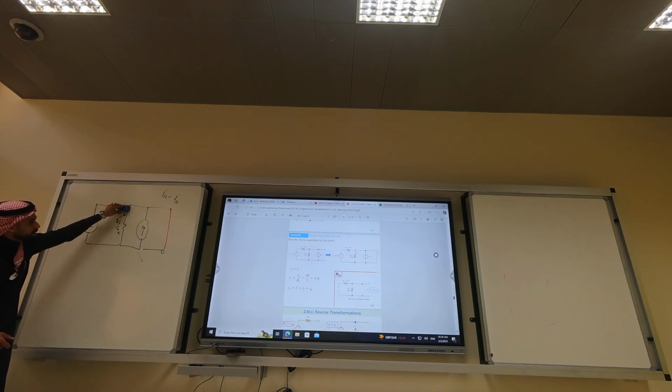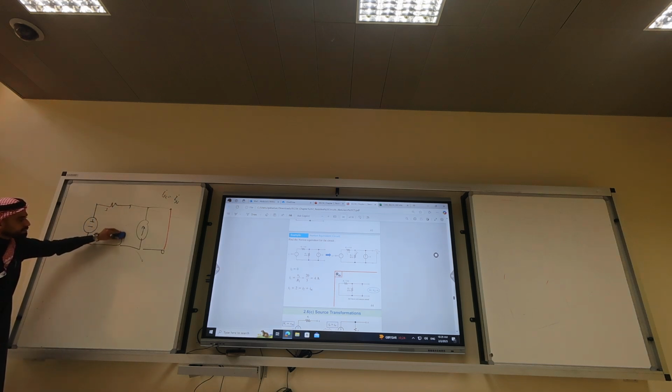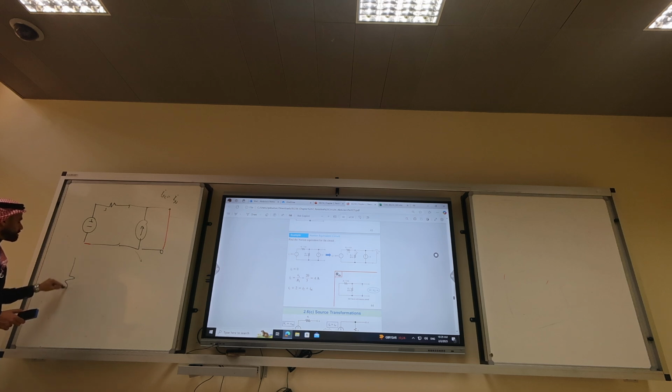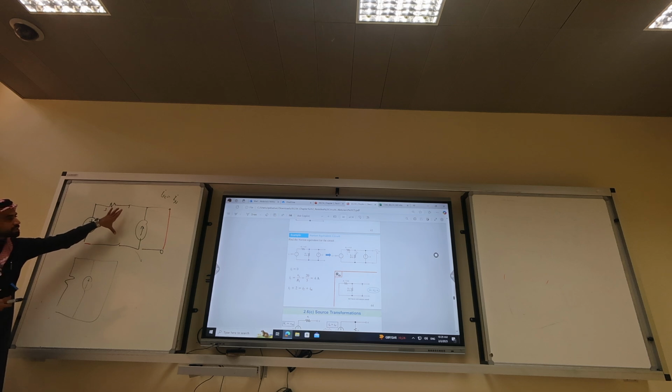So can I erase it from my circuit? Yes. Why? Because I'm connecting a resistor in parallel with a short circuit, even though I put a current source here. All of them are in parallel, so I'm shorting this resistor. Basically, the voltage drop across this resistor is 0.